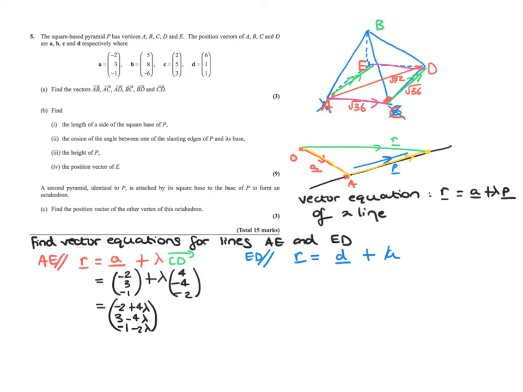That's parallel to ED. So plus mu multiplied by AC. So we know the value of D, it's (6, 1, 1), plus mu multiplied by the vector AC, which we found earlier on, it is (4, 2, 4). And again, I'm going to combine that as a single vector, 6 plus 4 mu, 1 plus 2 mu, and 1 plus 4 mu.